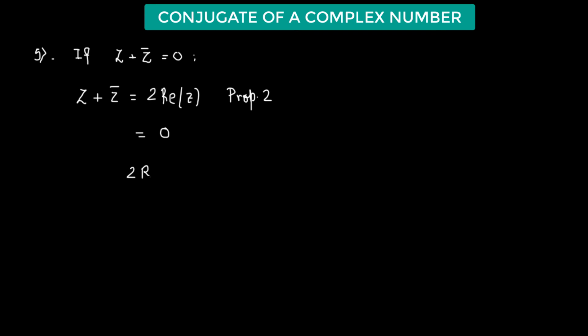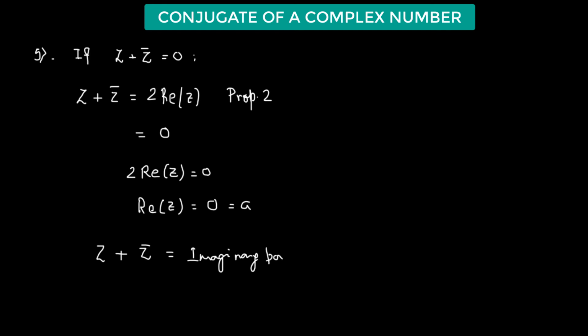So that means 2 times the real part of Z is equal to 0. 2 being a number cannot be equal to 0, so the only way it's possible is if the real part is 0. So the value of A is equal to 0, which means Z plus Z bar is giving us only the imaginary part.